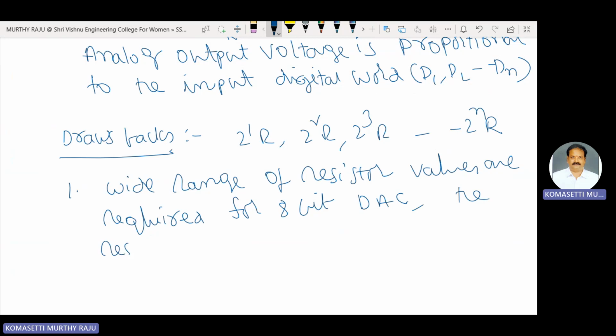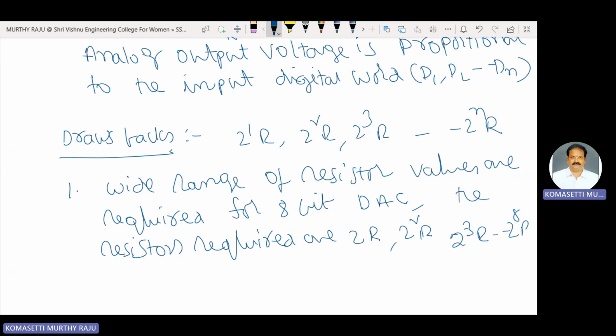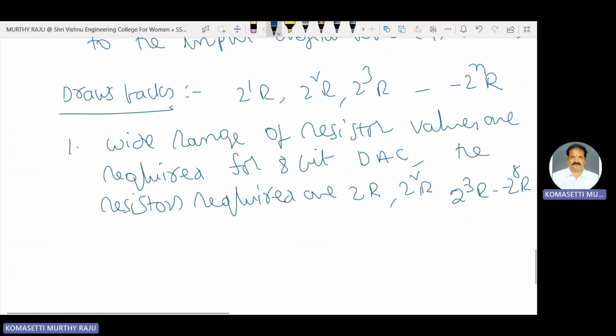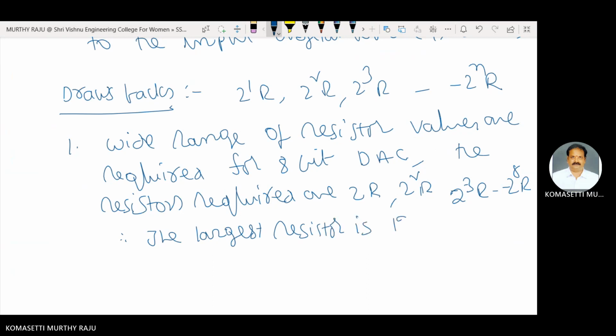The resistors required are 2R, 2 square R, 2 cube R, and so on and so forth, 2 power 8 R. Therefore, the largest resistor is 128 times the smallest one.